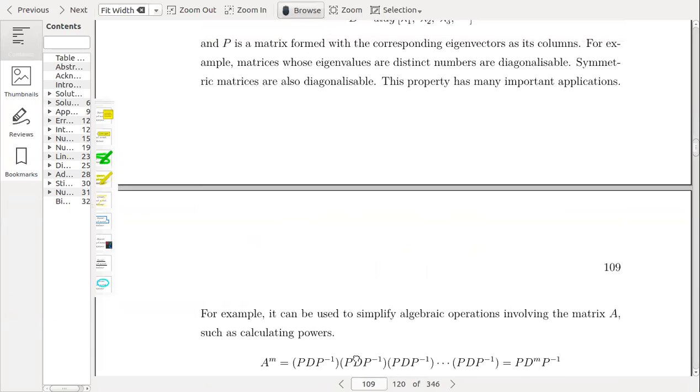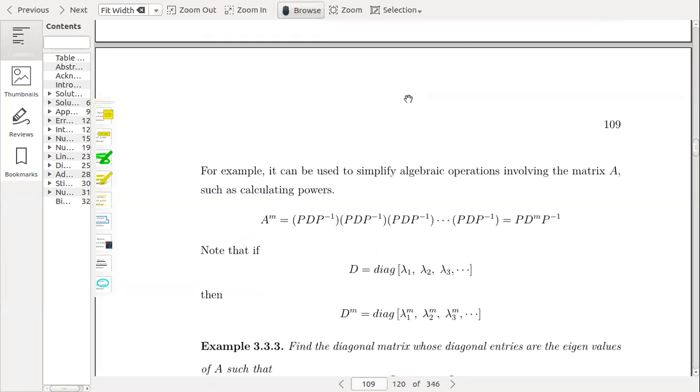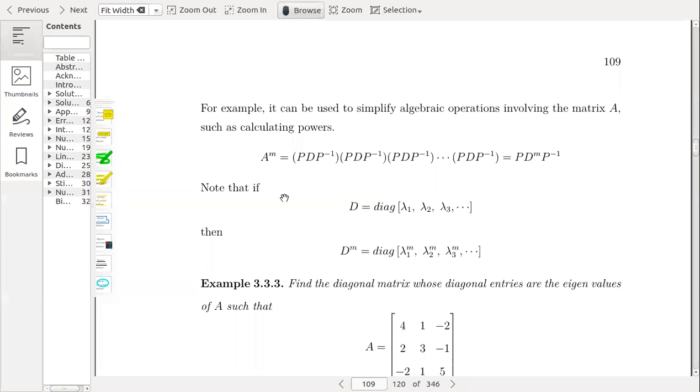If we have a matrix A to the power m, it means we have multiplied matrix A by itself m times.